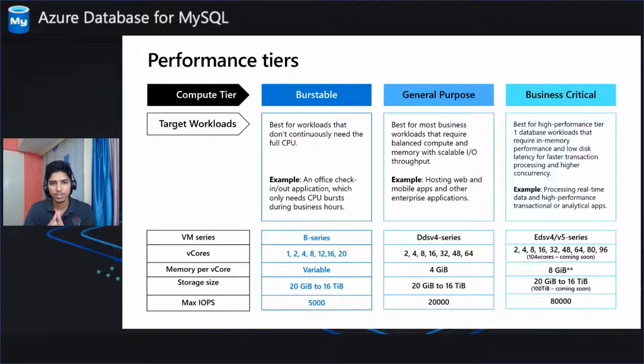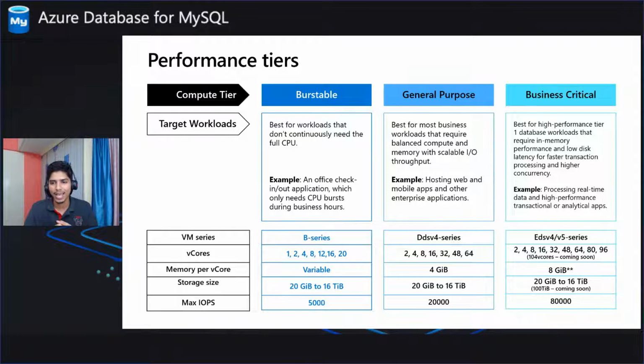We'll start with the first one, which is the burstable or the basic tier. This tier is basically for workloads which do not require the complete CPU cycle or do not require continuous CPU cycles. For example, there is a check-in, check-out application which only needs CPU burst during the business hours.